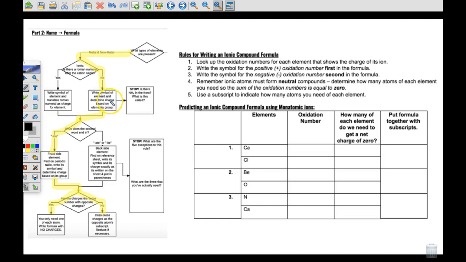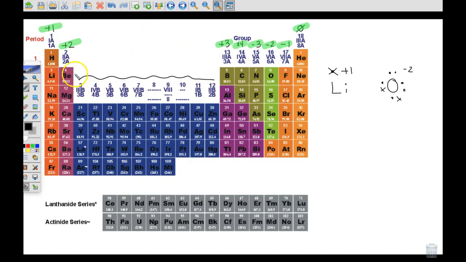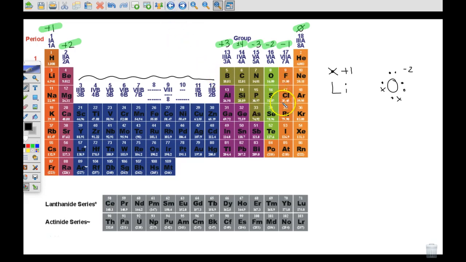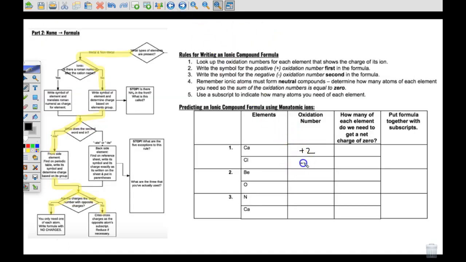So I'm going to write the symbol of the element, which in this case is Ca, and I'm going to determine the charge based on the element's group. So this would require me to find my periodic table, look for calcium, and then write down its oxidation number, which is +2. Then I'm going to find chlorine, or Cl, which is over on the right-hand side because it's a non-metal, and I see that its oxidation number is -1.